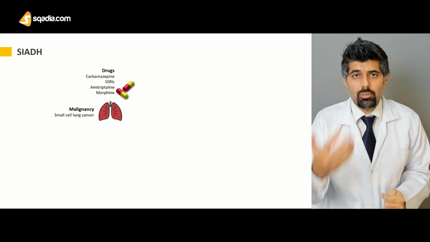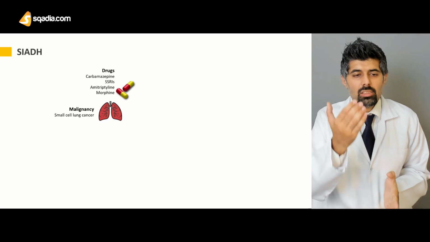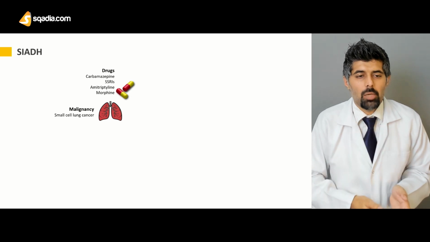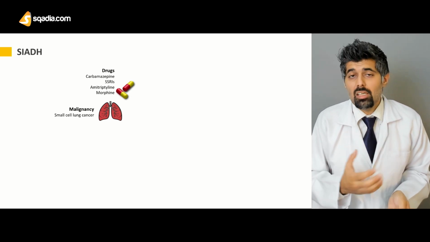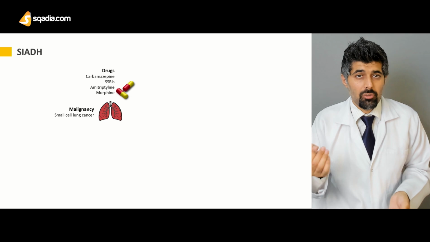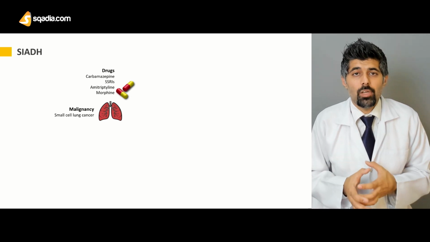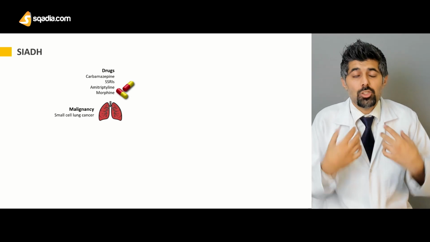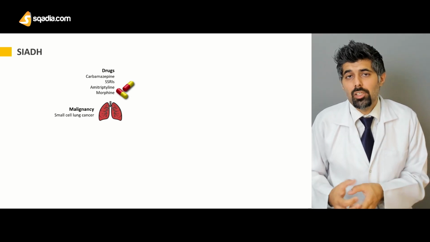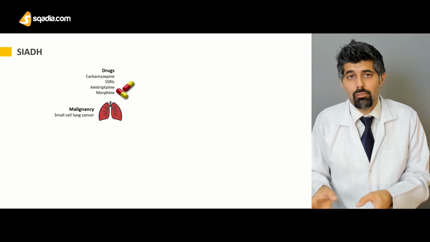Another is the drugs. Now, if we take certain drugs such as carbamazepine, the SSRI, or the selective serotonin reuptake inhibitors, or amitriptyline or morphine, if they are ingested in larger amounts, they can result in a large amount of ADH secretion.